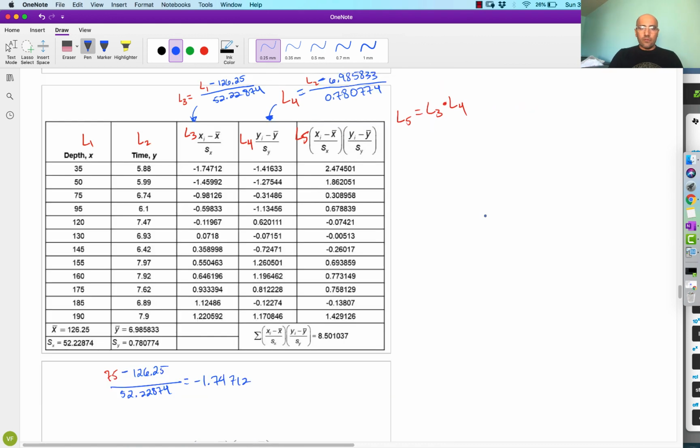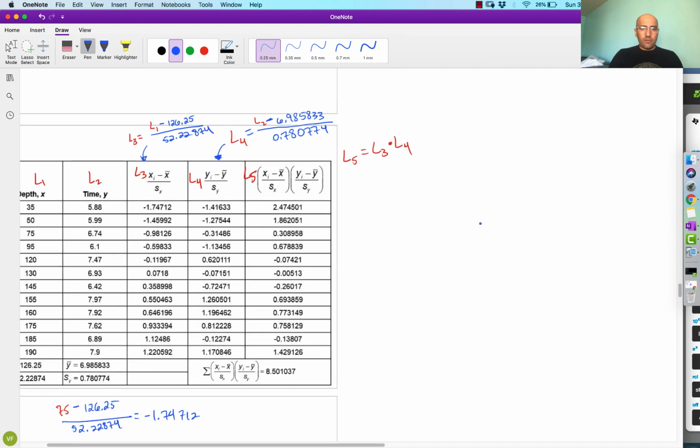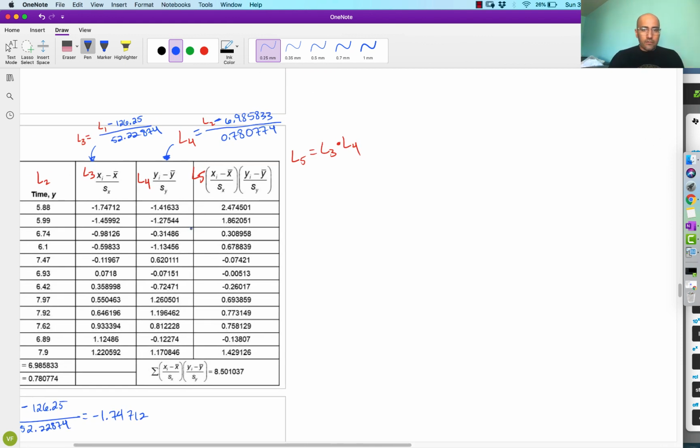Our equation for R is that R equals x sub 1 minus x bar over s sub x, multiplied by y sub 1 minus y bar over s sub y. Okay, and so this is for the first values.